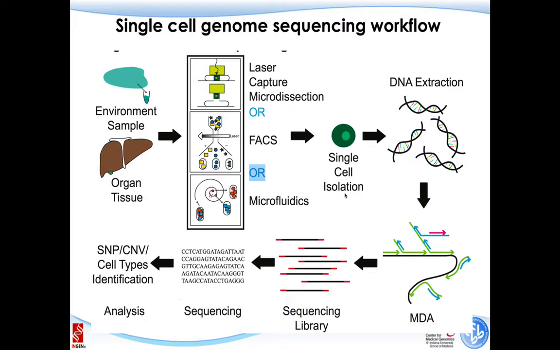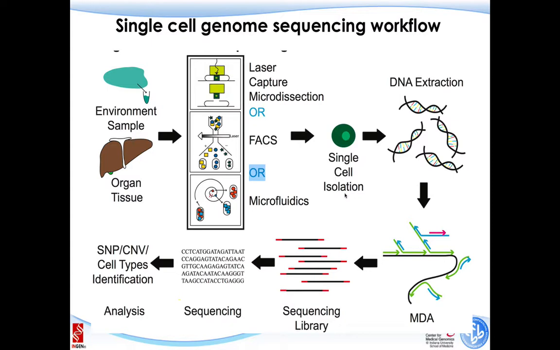Once you get to single-cell isolation, for this DNA sequencing my understanding is you still push individual cells into individual tubes. If you want to sequence 100 cells, you push them into 100 tubes, and then you treat each individual cell as a bulk sample, but keep in mind that they only have 2 copies of DNA.